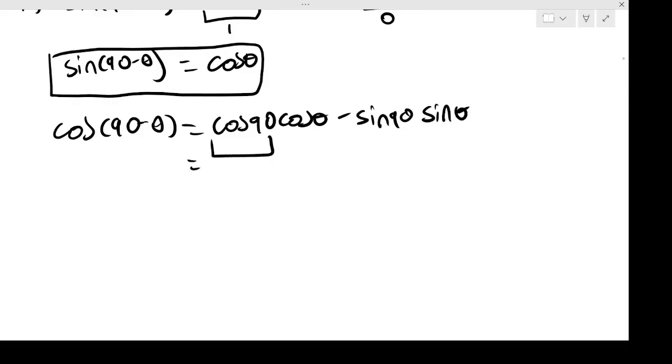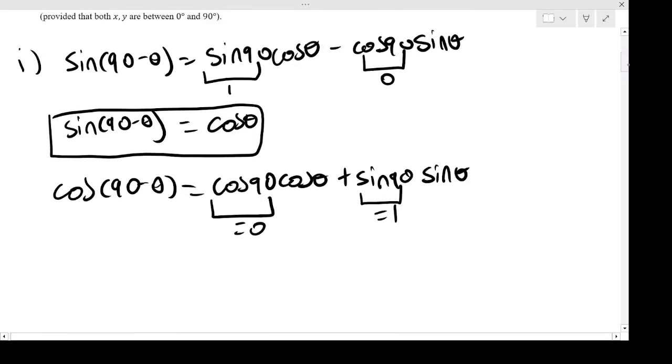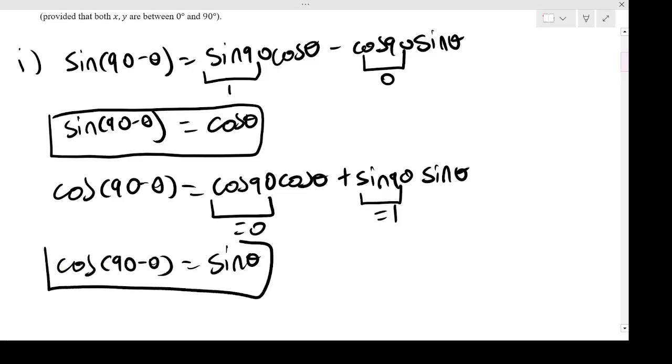And again, cos 90 goes to 0 and sine 90 goes to 1. Oh no, sorry, plus, wasn't it? It's a plus. My apologies. So therefore it will just simplify to sine theta. And there we are. So again, they simplify surprisingly nicely, quite interestingly.